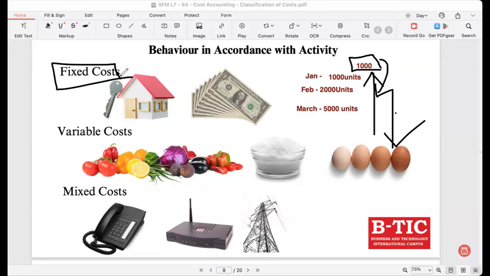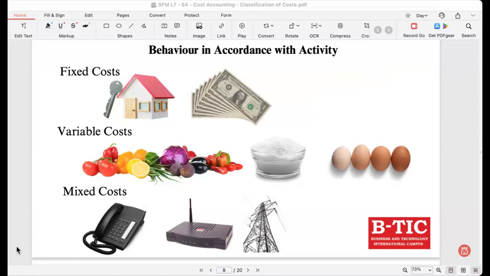There are exceptions, certain circumstances where this will not be true. But in the majority of the cases, fixed cost is fixed. It is stubborn. It doesn't want to change. So remember fixed cost as a stubborn person, a person who doesn't want to change.